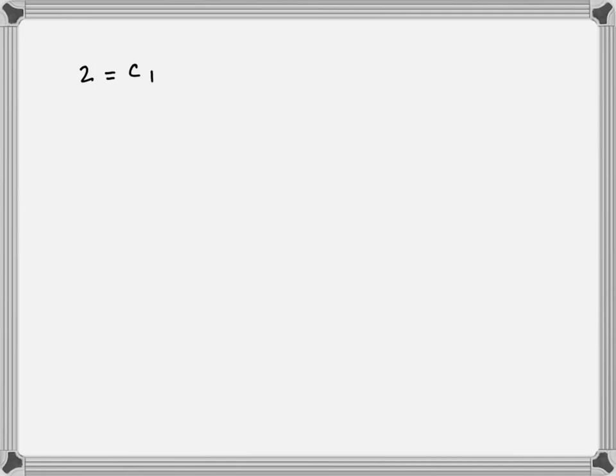That's nice. So what I really did, let me back up a bit, was 2 is equal to y of 1, which is c1. So that's how I got that c1 was 2.